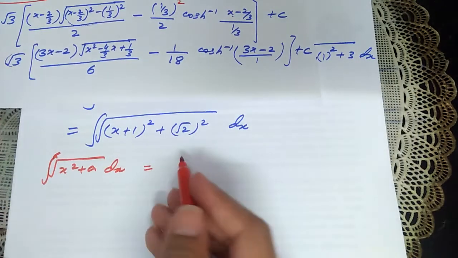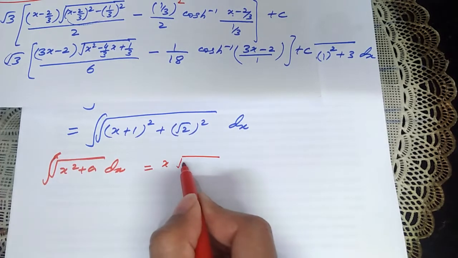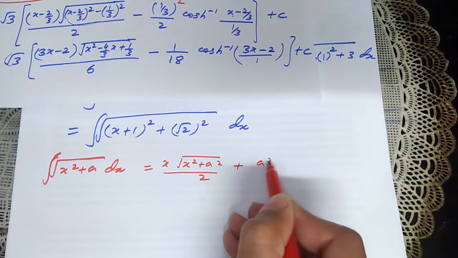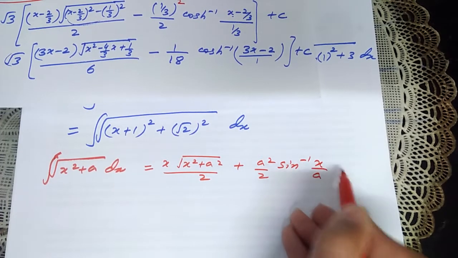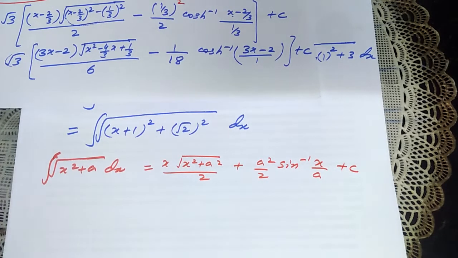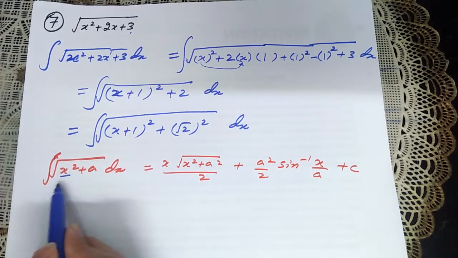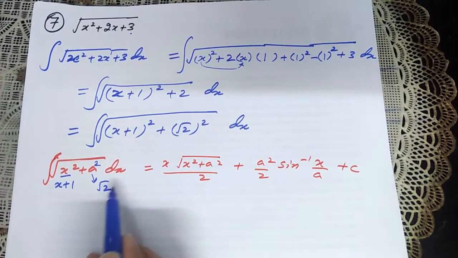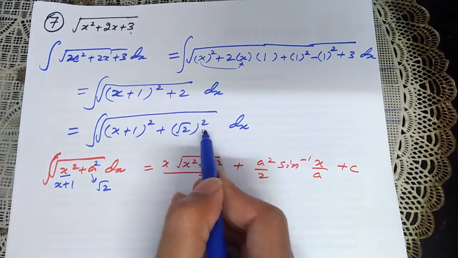But now it will be replaced by x into under root x square plus a square over 2 plus a square over 2 sine hyperbolic inverse x over a plus c. So just replace this using this formula. Now your x is x plus 1 and your a here is under root 2. So just replace all these values in this formula, substitute it equals to this integration.